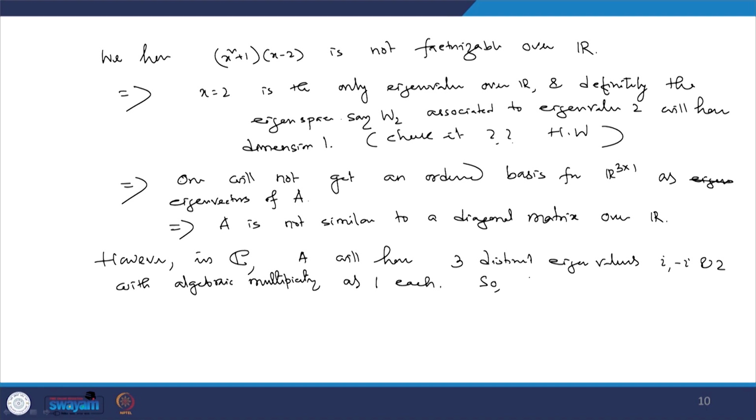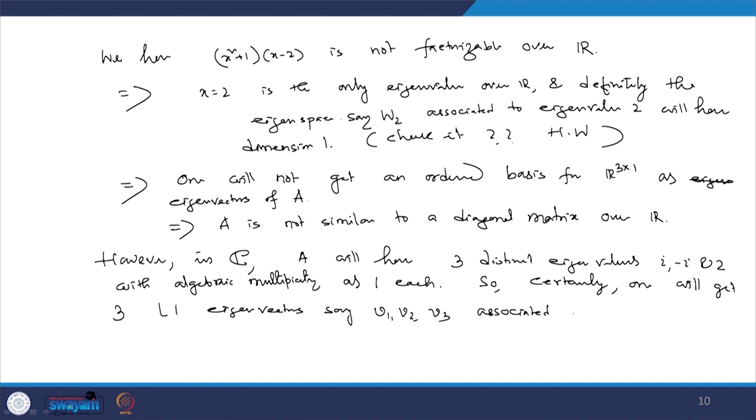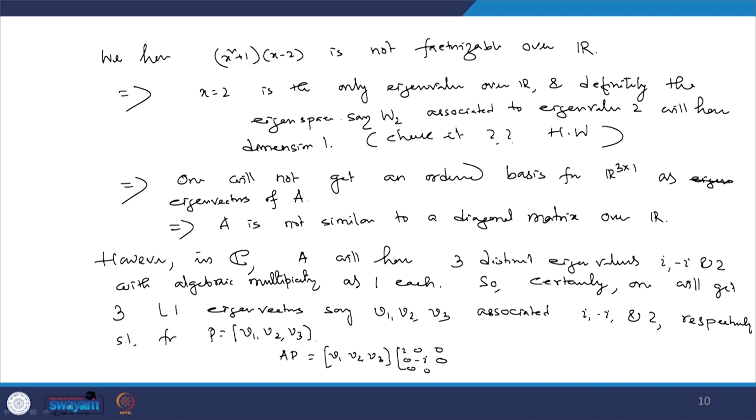So certainly one will get 3 linearly independent eigenvectors, say V1, V2, V3, associated to i, -i and 2 respectively, such that for P equal to [V1, V2, V3], one will have A P equal to [V1, V2, V3] times the diagonal matrix with entries i, -i, 2.